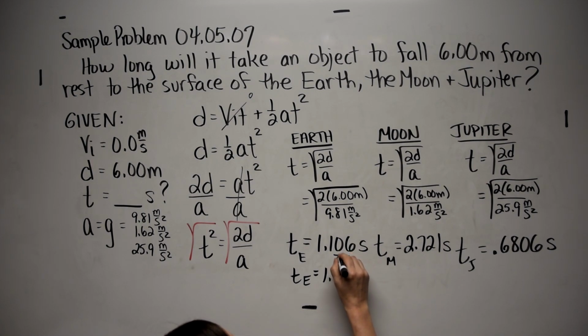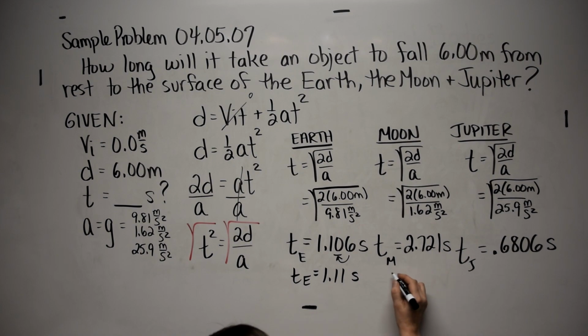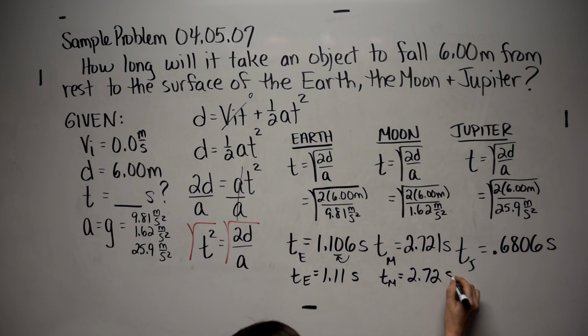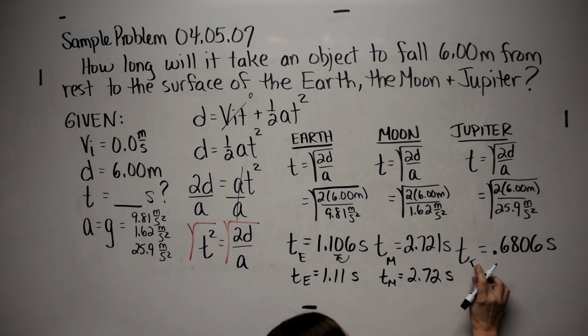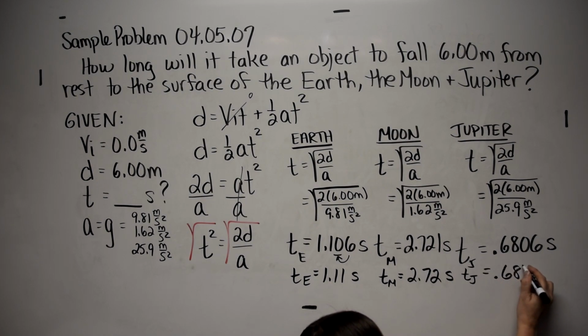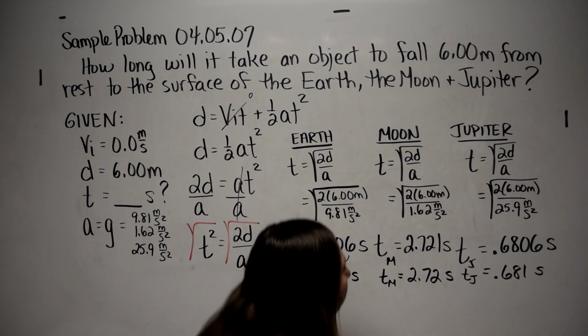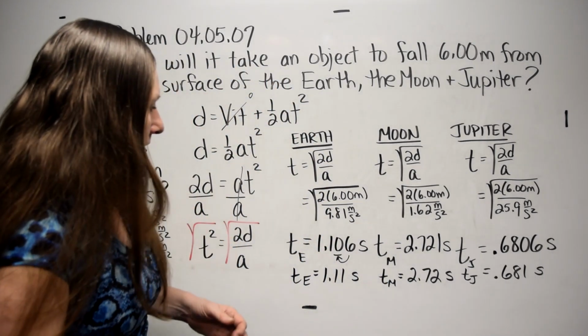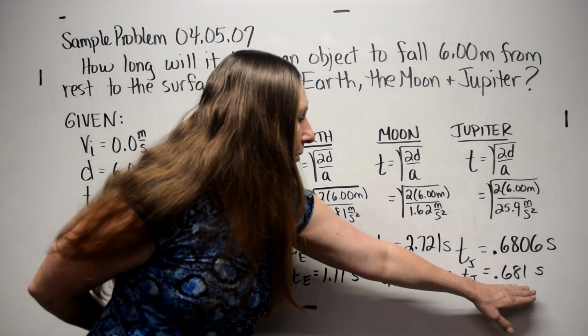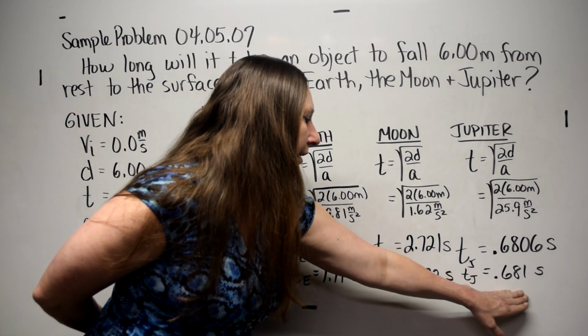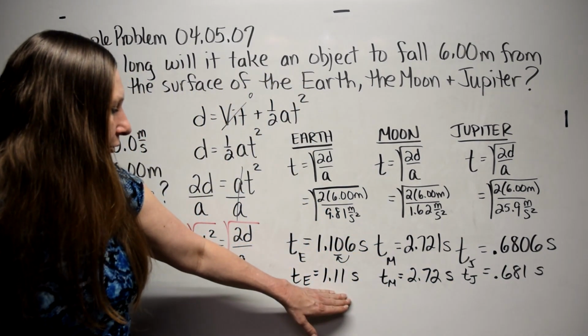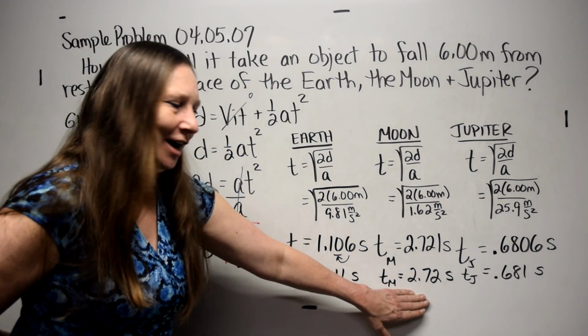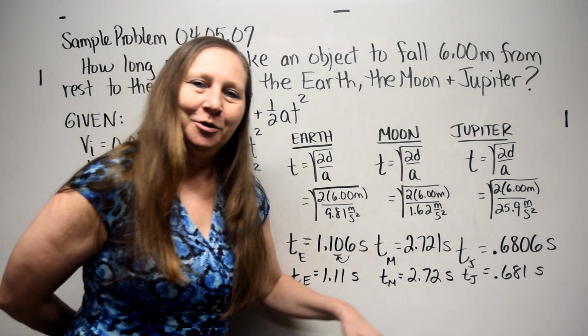The time for the Moon, 2.72 seconds. And the time for Jupiter rounds to 0.681 seconds. And yes, it took the smallest amount of time to hit the ground on Jupiter. Earth was in the middle, and it took the longest time to hit the ground on the Moon.